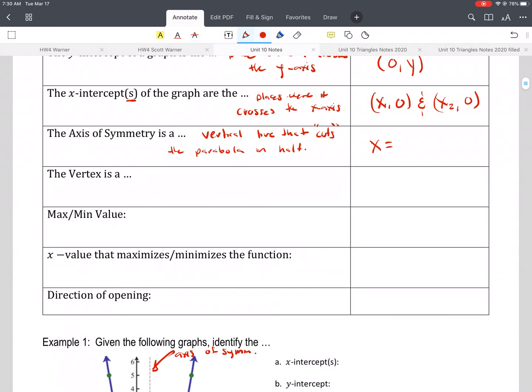Okay, the vertex is a point. It is either the highest or lowest point. It's also the turning point. This is written as an ordered pair, x comma y.